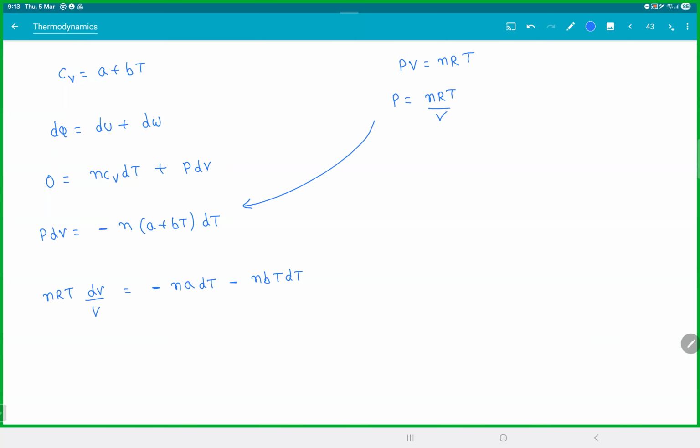Bring that to this side. So dV by V, n will cancel: minus A by R dT by T minus B by R dT. Perfect. Integrate on both sides.